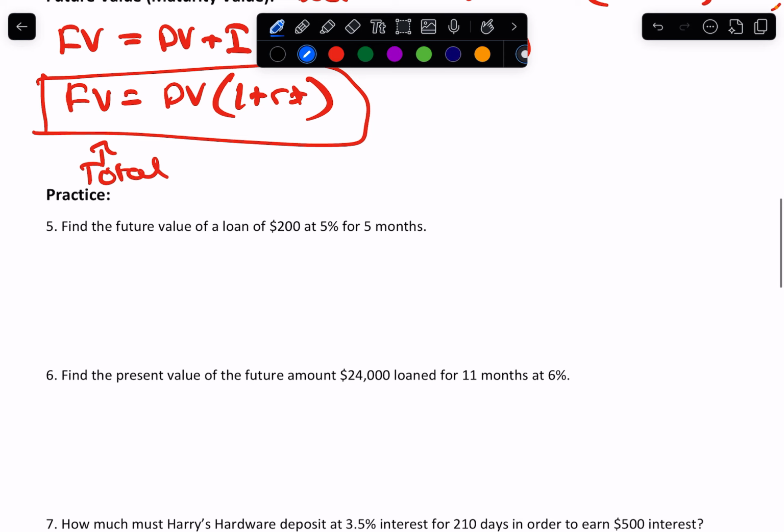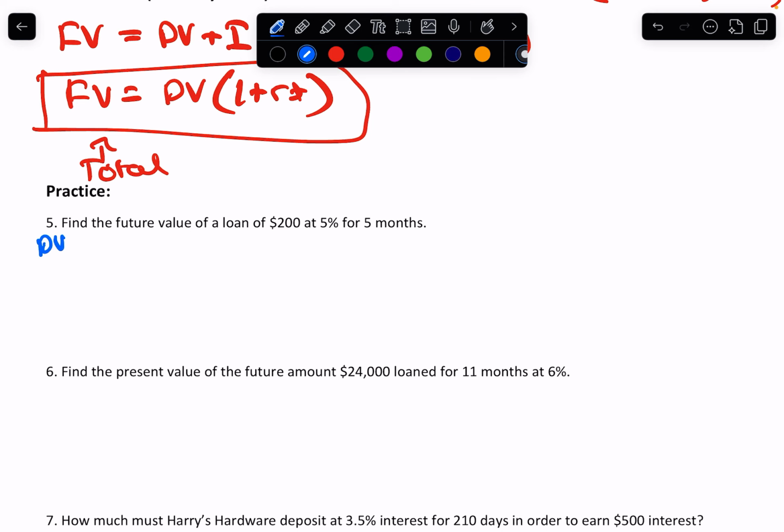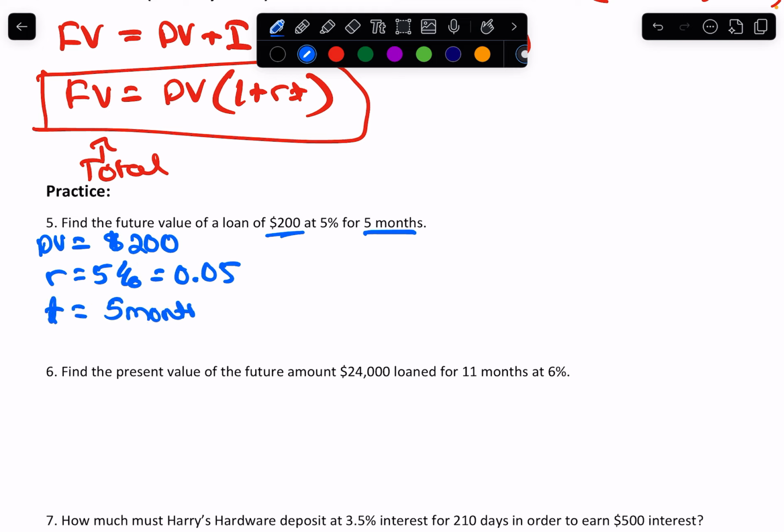So our present value in this one is $200. Our rate is 5%, so that is 0.05, and it's for 5 months. So 5 months is 5 over 12.